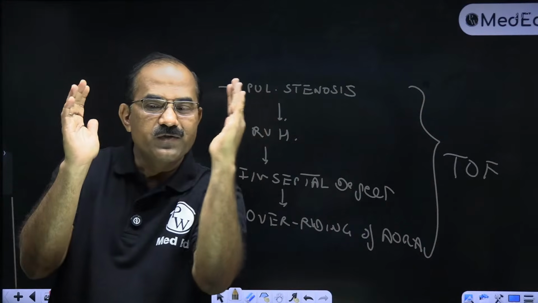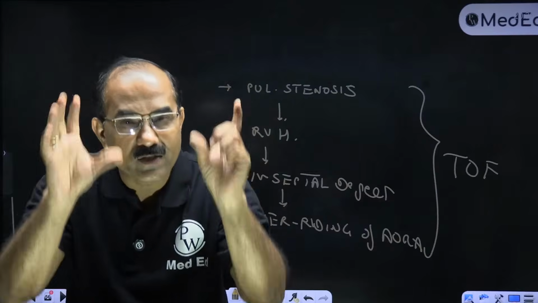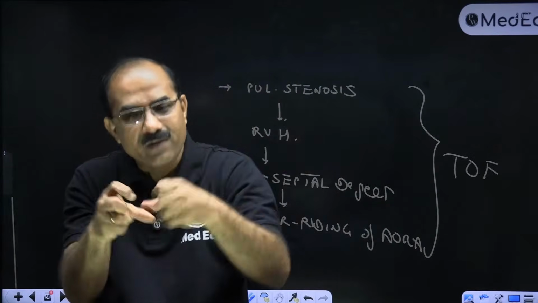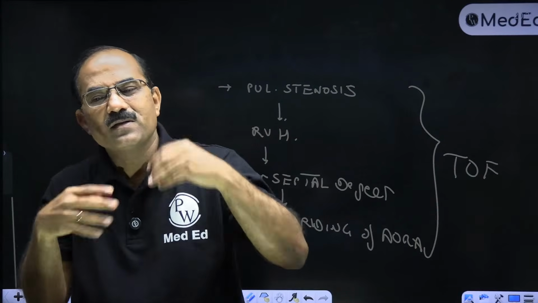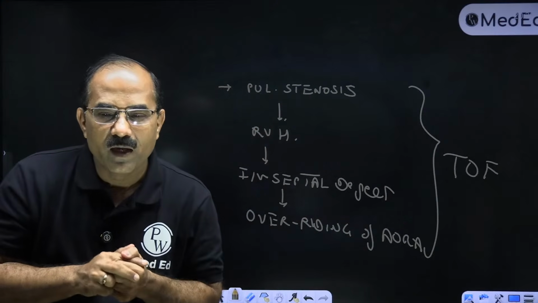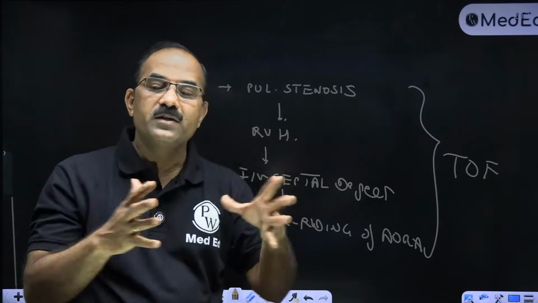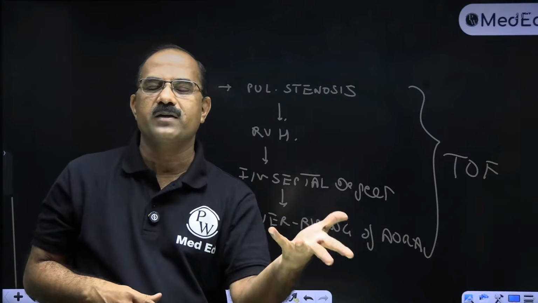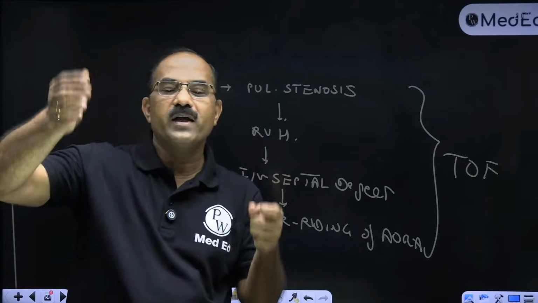This results in pulmonary stenosis. जब pulmonary stenosis होता है तो because of that right ventricular hypertrophy होता है. Because of right ventricular hypertrophy, there is an interventricular septal defect. And because of interventricular septal defect, there is overriding of aorta.